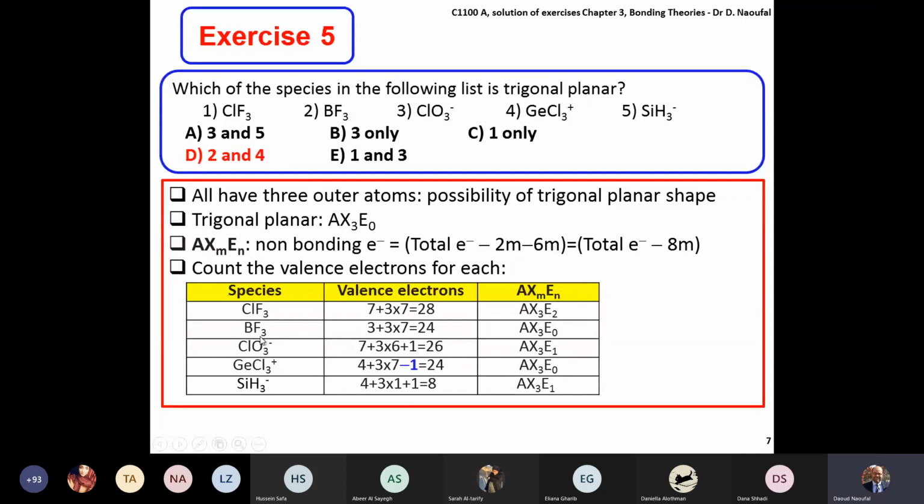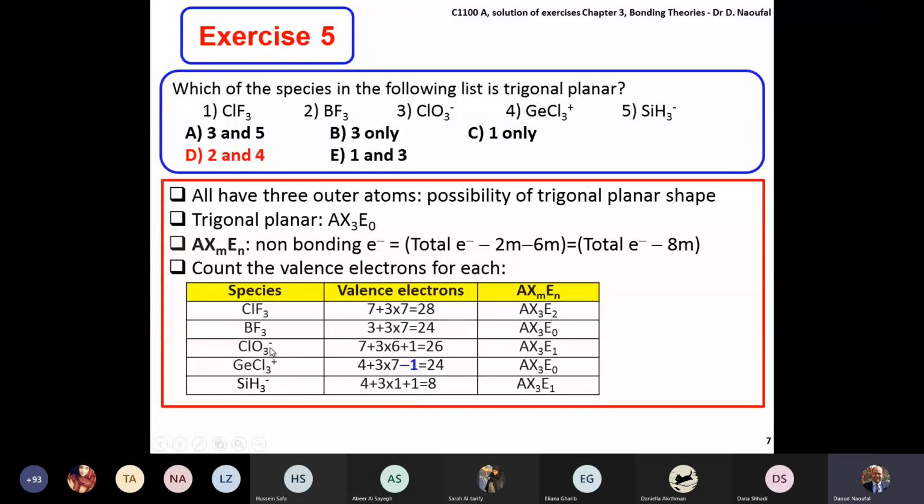Pass to BF3. We have 3 for boron plus 3 times 7, 21, so in total 24. Apply this rule: the non-bonding electrons are 24 minus 8 times 3, so 24 minus 24, this is AX3E0.